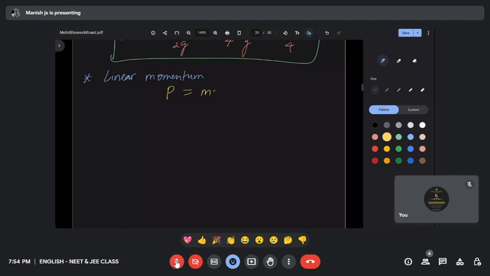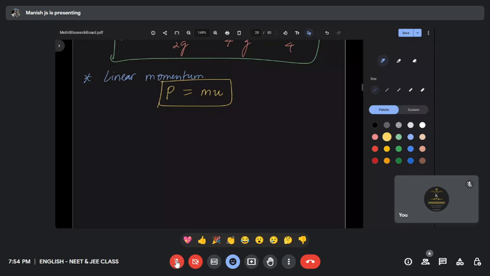But here we change it to u, because there is an initial velocity. So the symbol for initial velocity is u, so we put m into u. Simple. So this is the linear momentum of a projectile at any point of projection. So generally we can write this formula. This is something quite common. I need not even specify it, but still it's necessary, that's the reason I'm specifying it here.